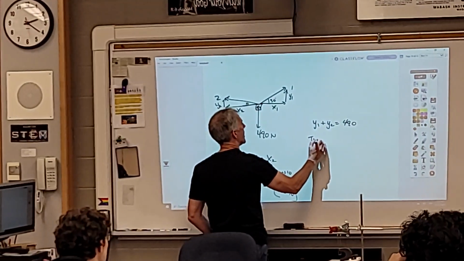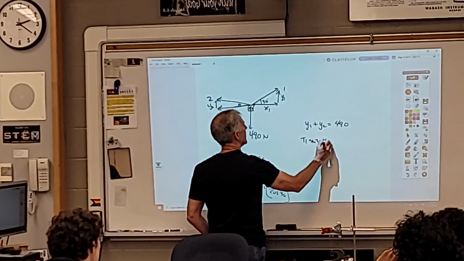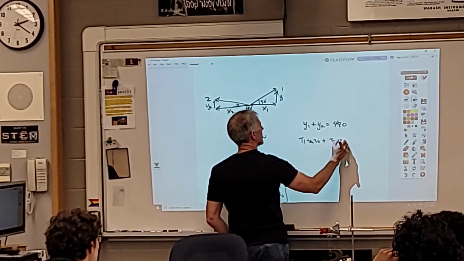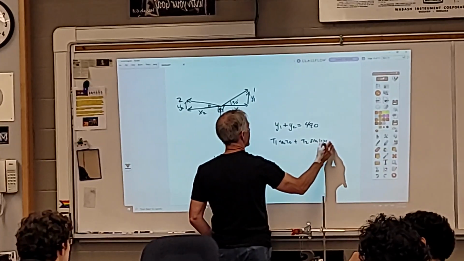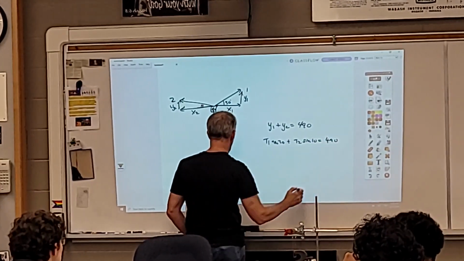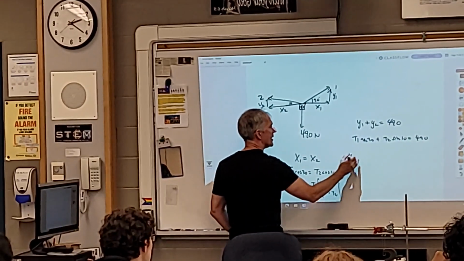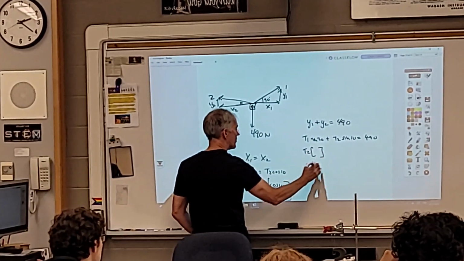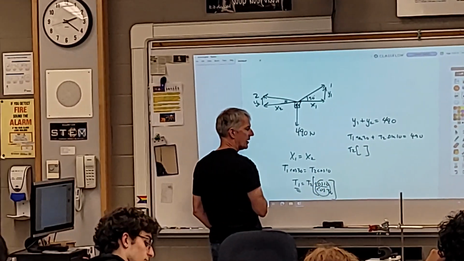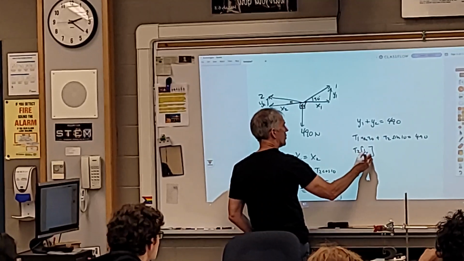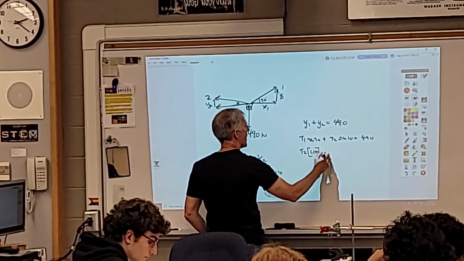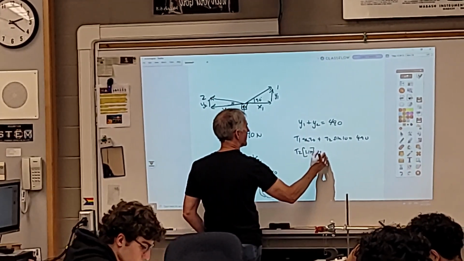Y1 is T1 sine of 30. Y2 is T2 sine of 10. And that's going to equal 490. But wait, T1 is T2 times this number. Anybody got a number? 1.137. 1.137, and sine of 30, so that's a half.